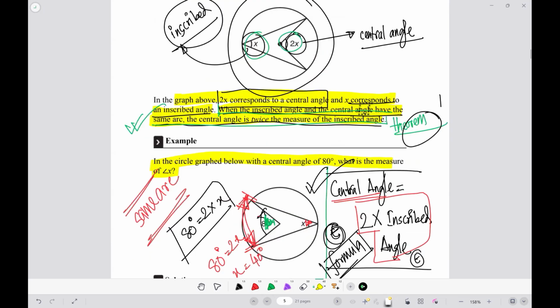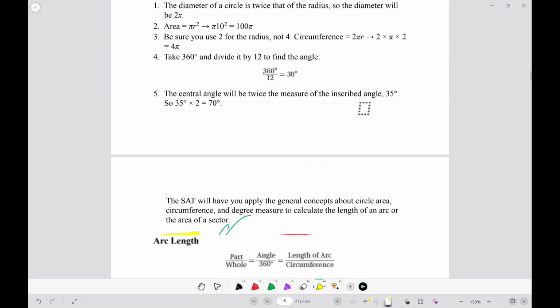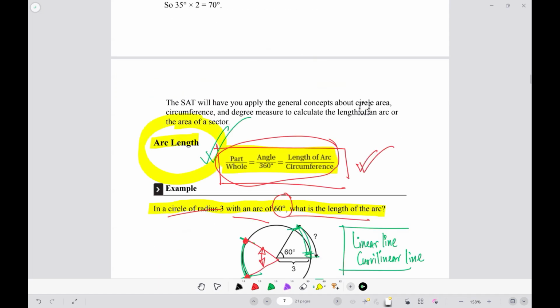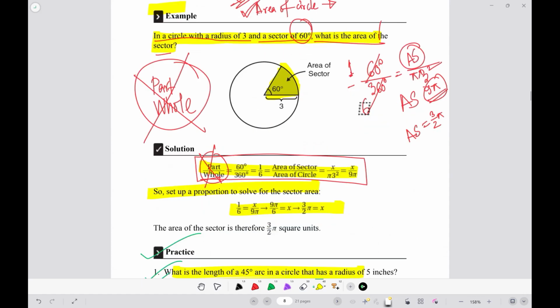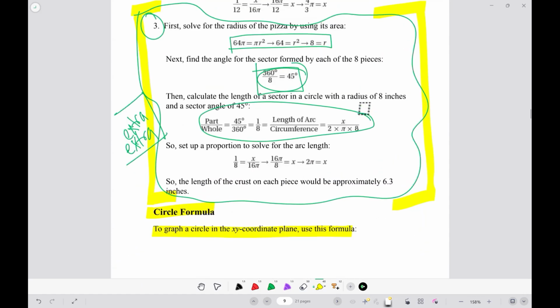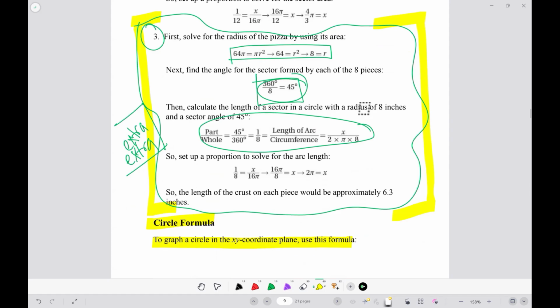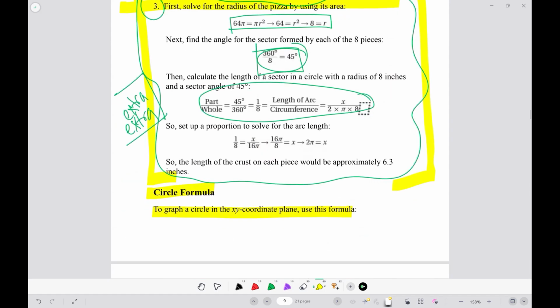These are the concepts related to geometrical measurement. Then we talked about arc length and sector area. Then we talked about some problems, not to make a math problem too long.